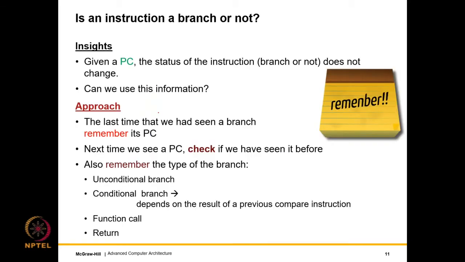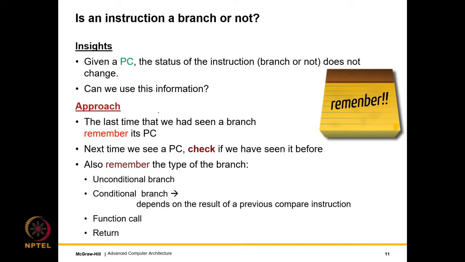So now let us come back to our discussion. Given a program counter, the status of the instruction, whether it's a branch or not, does not change, right? This is hardwired in the program, because while we are running, the program is not changing. So given a program counter, the status of an instruction never changes.